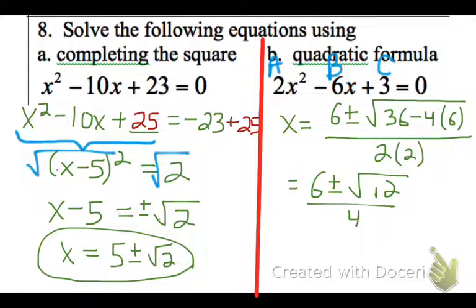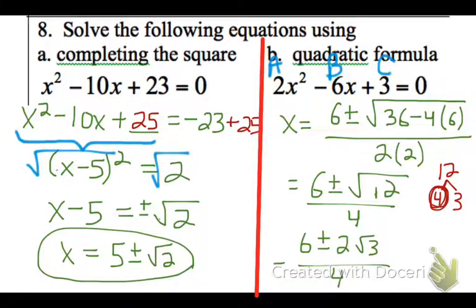over 4. The square root of 12 you can break down into a 4 and a 3, and then this 4 you can take a square root of 4. So that would be 6 plus or minus 2 root 3 over 4, and the 6 here, the 2 here, and the 4 here are all divisible by 2.